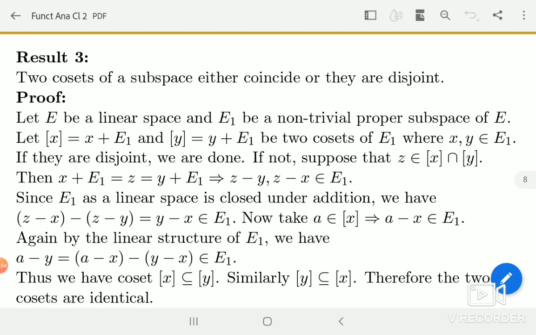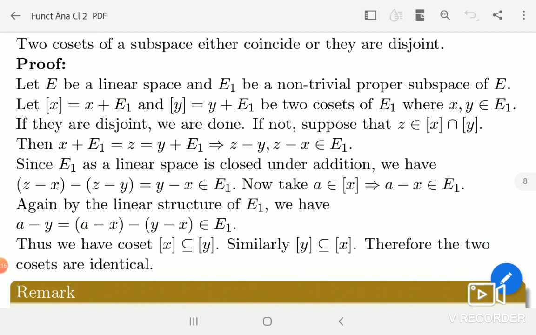I have already defined the equivalence relation, so you can check as homework whether it is reflexive, symmetric and transitive. Here I am just focusing on the fact that two cosets of a subspace either coincide or they are disjoint.